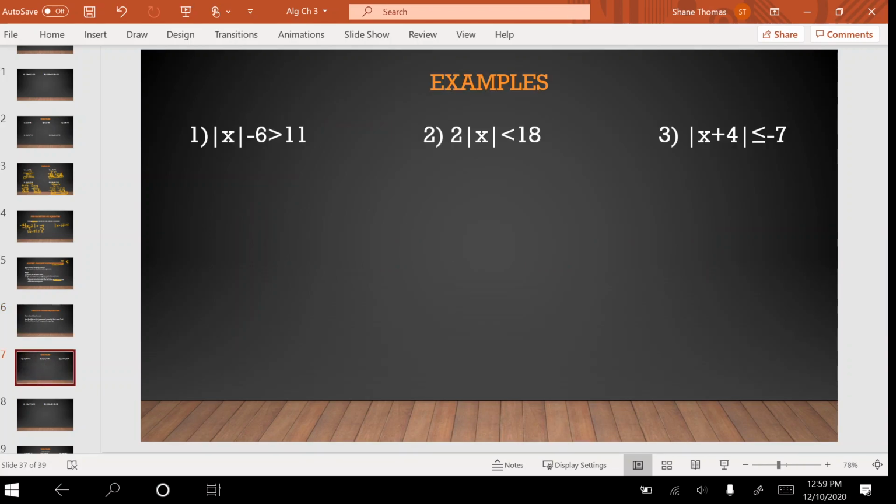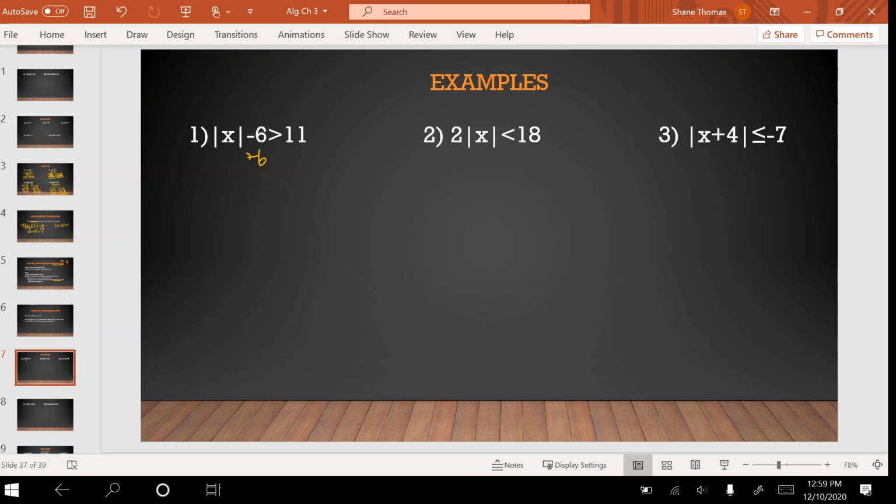First one: absolute value of x minus 6 is greater than 11. We want to solve and graph these. Number one, I have to isolate the absolute value. So I need to move what over? I've got to move the negative 6. How am I going to move it over?